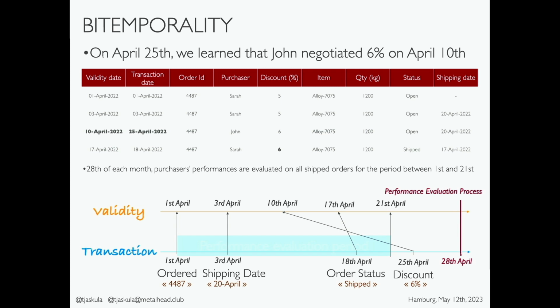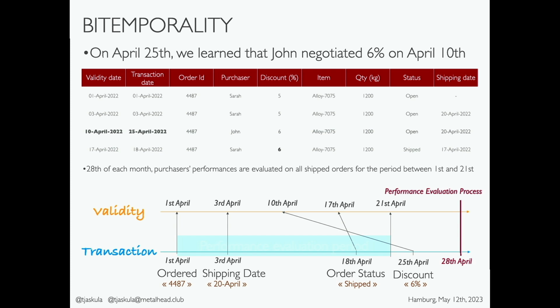We have different types of dates in our domain model, and the point is that we have different axes.